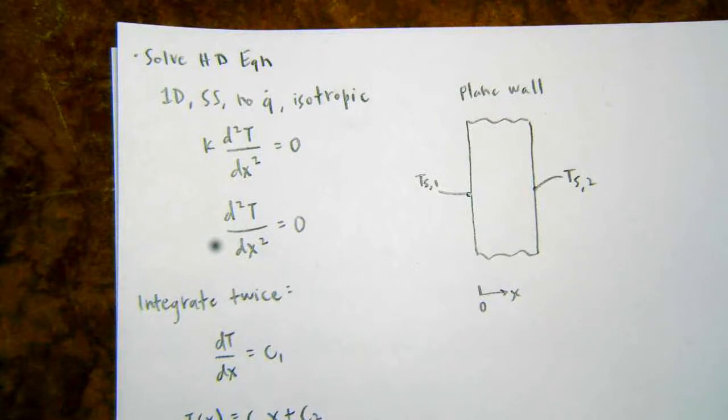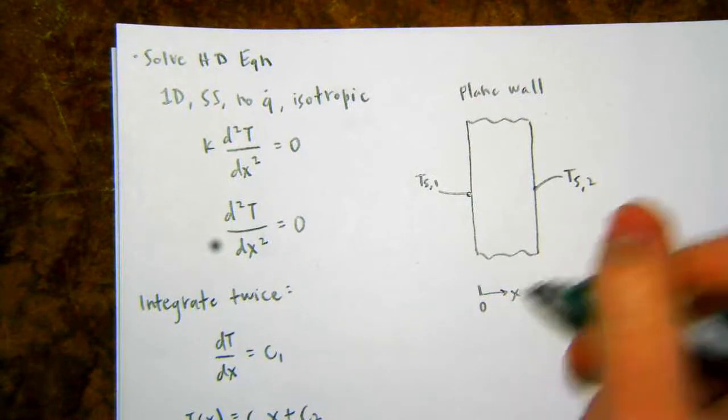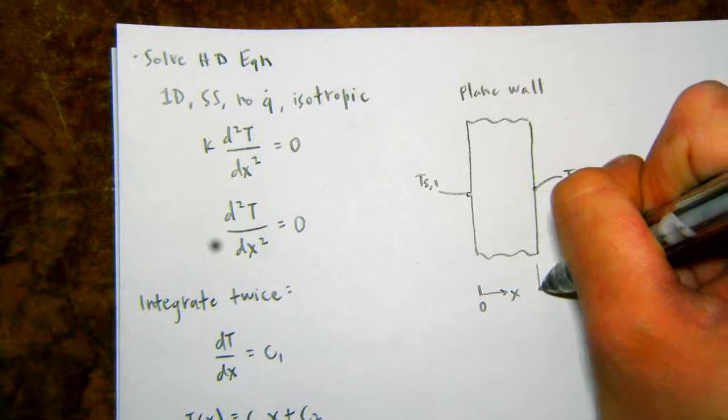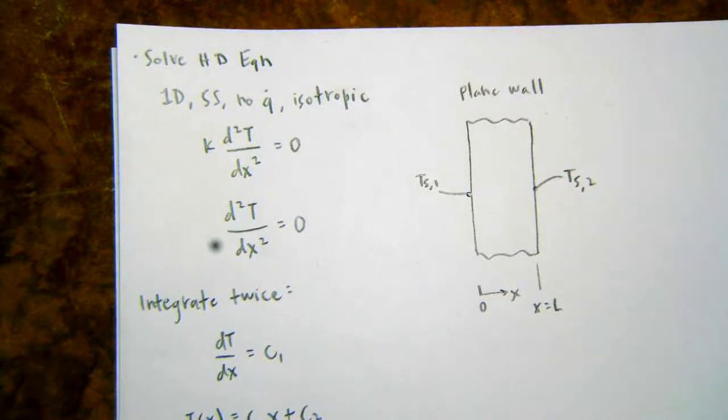So surface temperature 1, surface temperature 2. You've just got one-dimensional heat transfer, and all of these assumptions apply. And then we'll have here x equals 0, and then over here, x equals L.